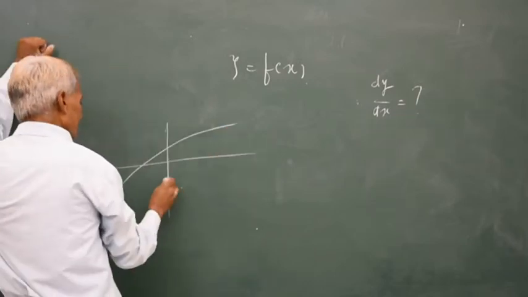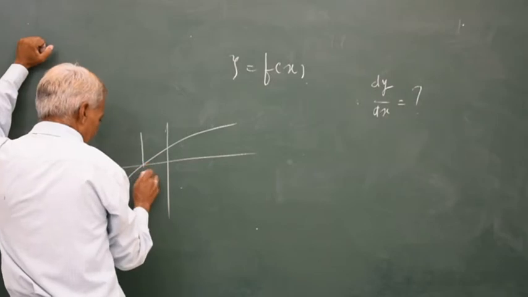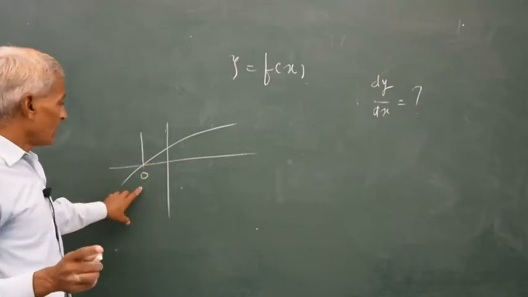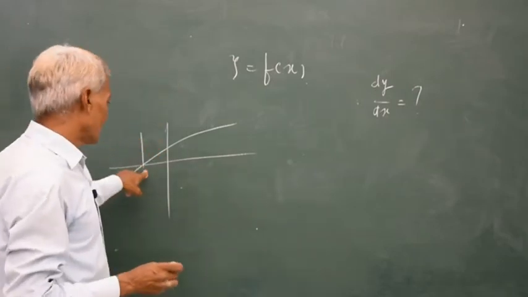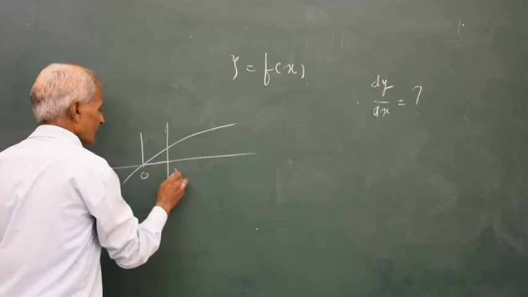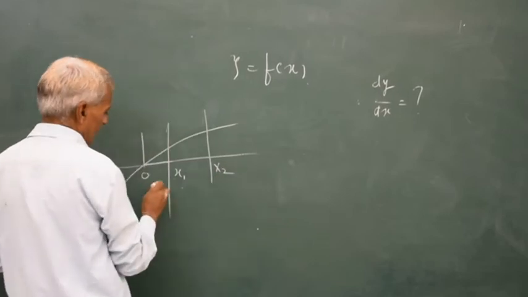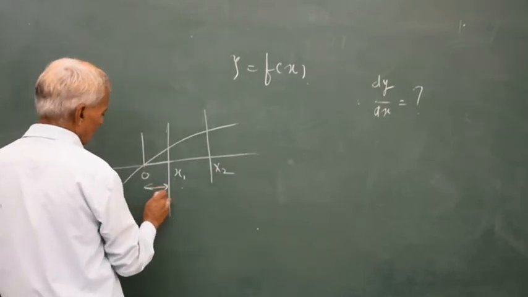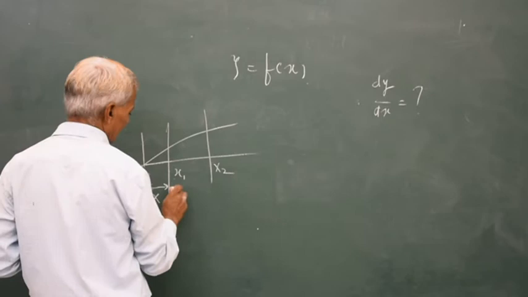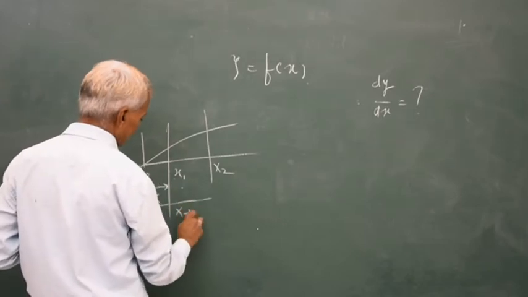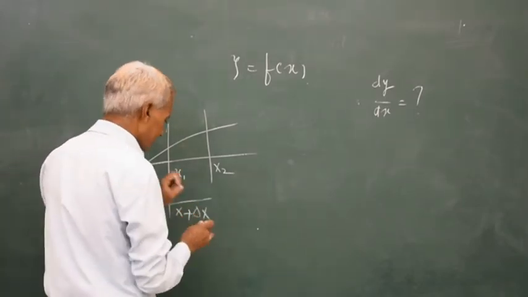Suppose coordinates are varying. This is the point from where coordinates are being measured. This is x1 and this is x2. This gap is x1, you can say x, and this is x plus dx, a small change in x.